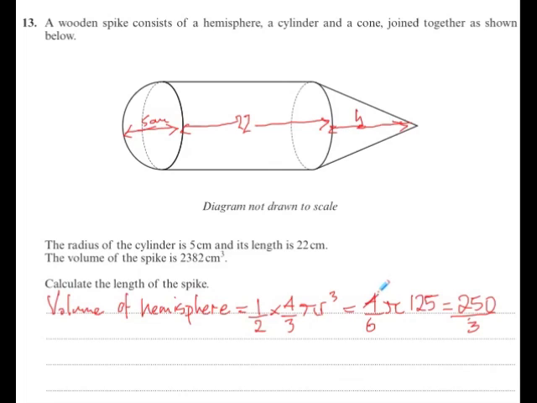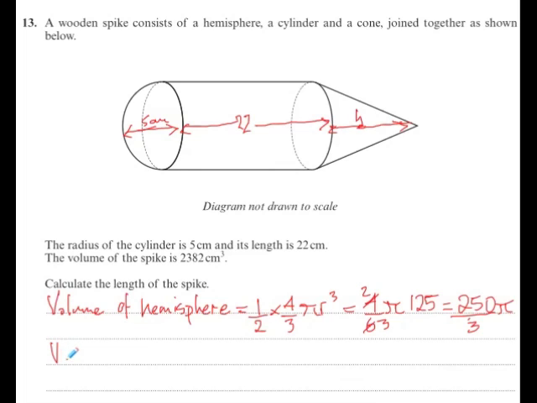I should have changed that to 2/3, and then hopefully you can see that 2 times 125 is 250 over 3 times pi. So I like to leave calculating pi to the very end, as close to the end as possible.